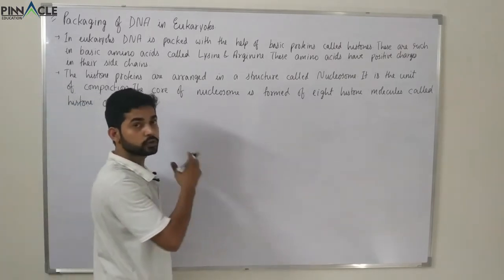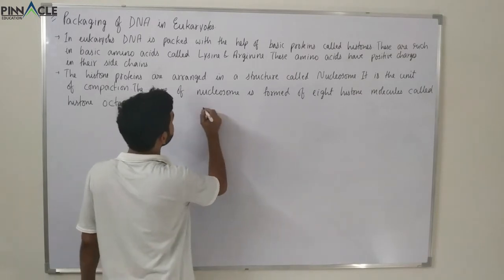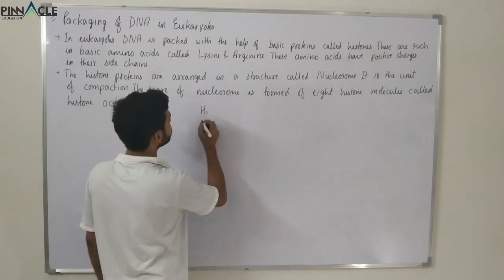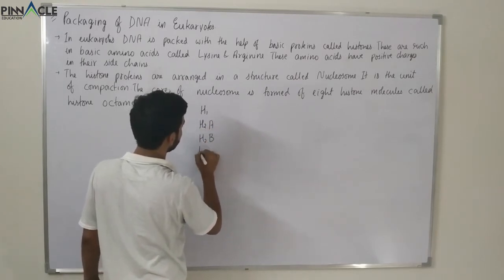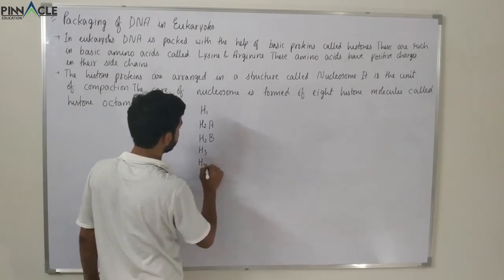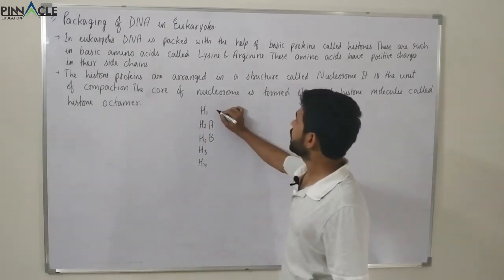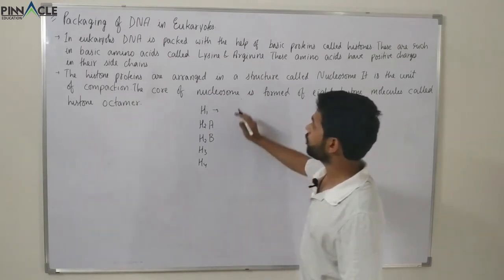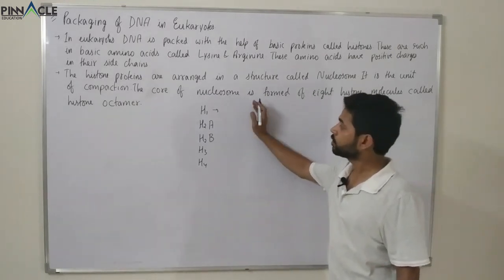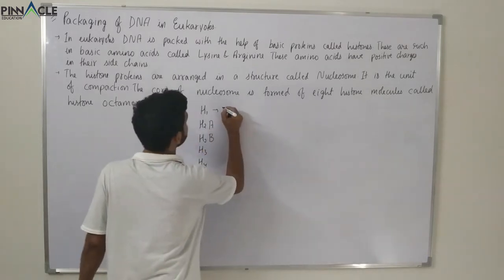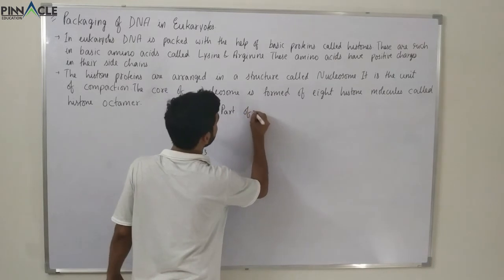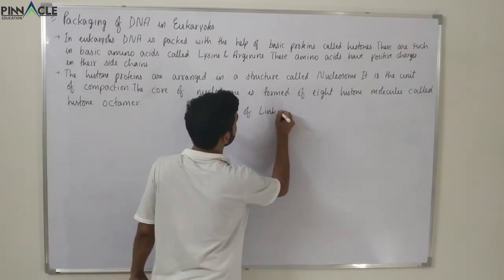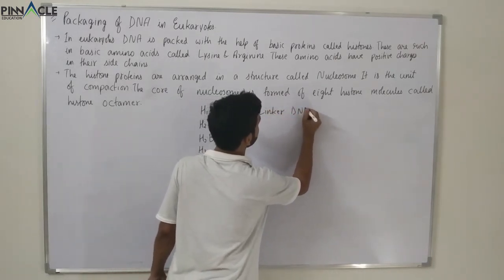The first one is H1, the other is H2A, then H2B, then H3, and then H4. This H1 is not a part of the core. It is a part of something called linker DNA. We will study later what linker DNA is.